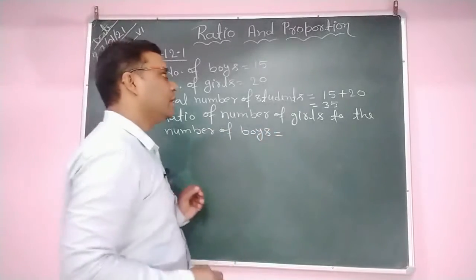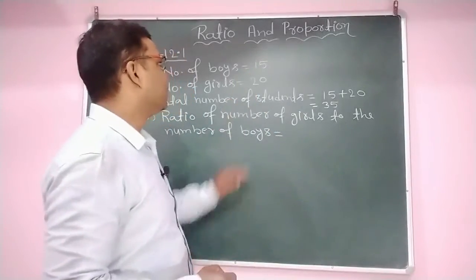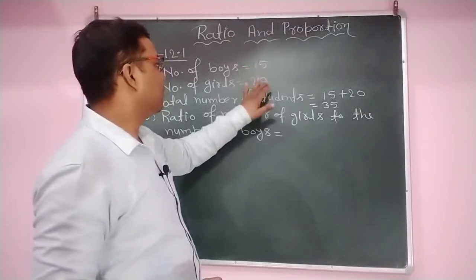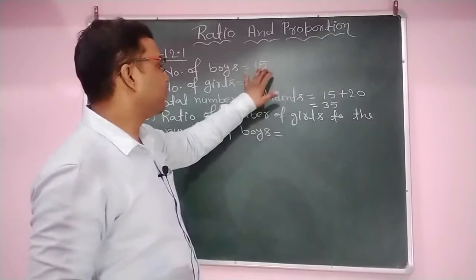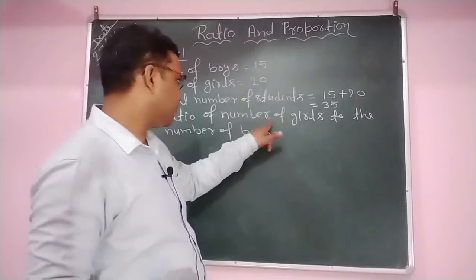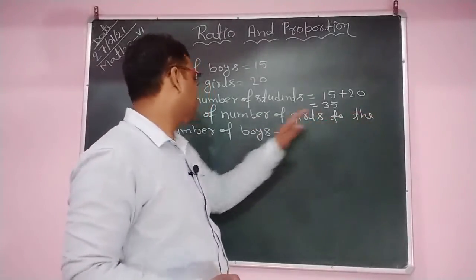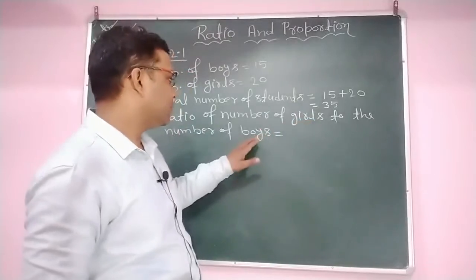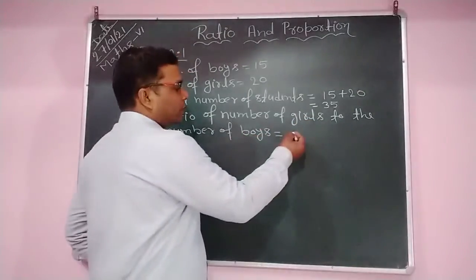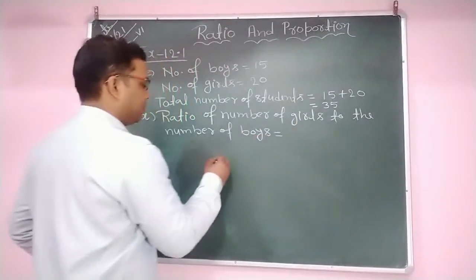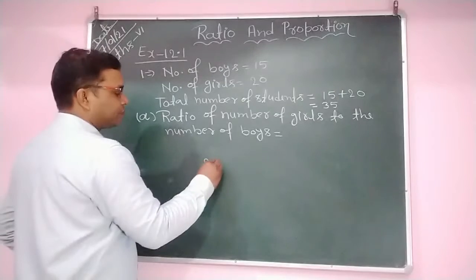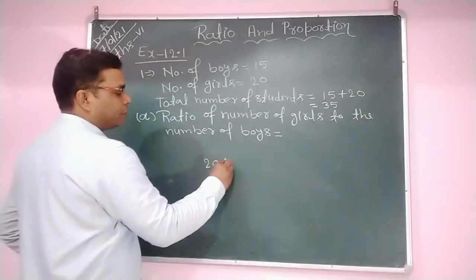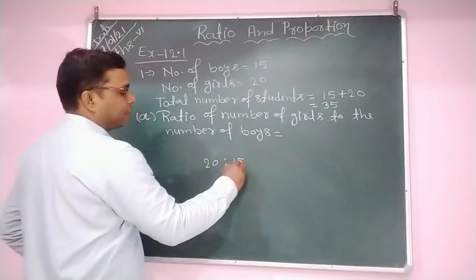How do we find it? You can see the number of girls is 20 and the number of boys is 15. First we write the number of girls, after this the number of boys. So the ratio is 20 to 15, number of girls to number of boys.